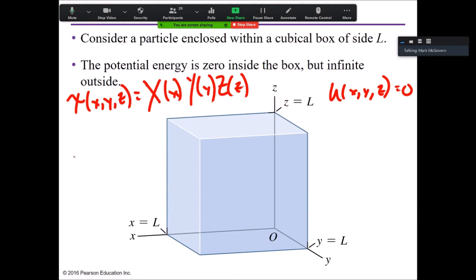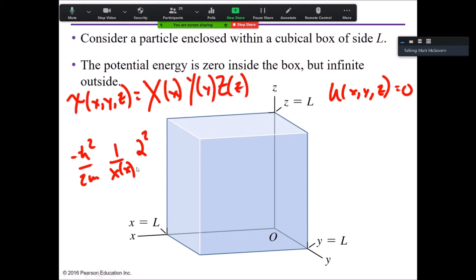I'll just show you the first term. We get minus h bar squared over 2m, times one over the function of x, times the second derivative of X with respect to x. I'm putting it as a partial, but it's not technically a partial anymore because we broke up our function; when I divide by the wave function, the y's and the z's drop out.